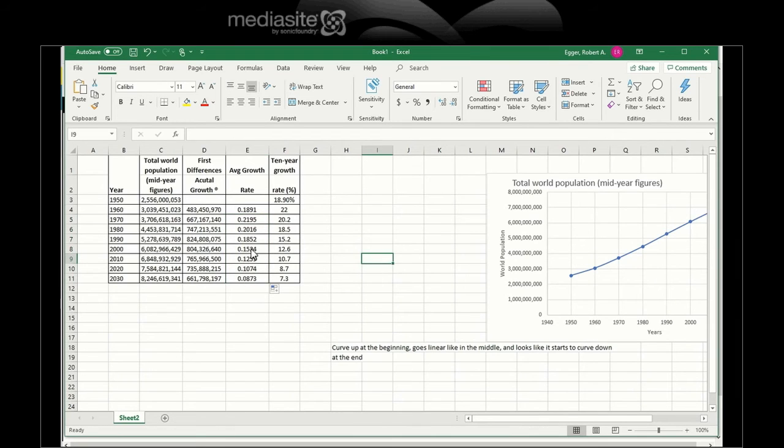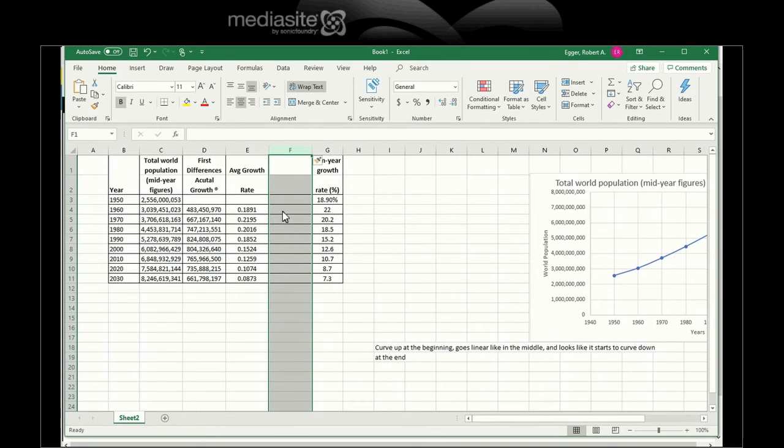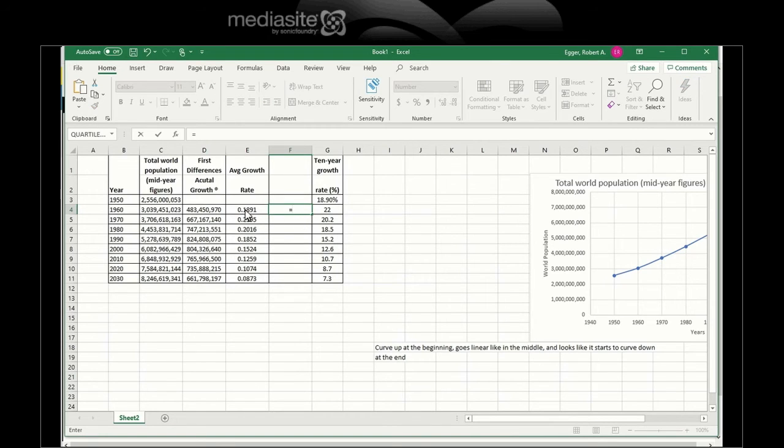All right. And of course, percentage would be to just take the previous number and times by 100. What's my times?